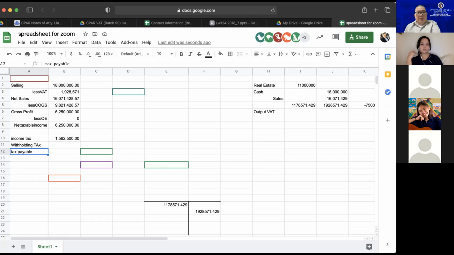So where do you get the 5% withholding tax? What is the net sales price? Ms. Chua? The 16 million po. Yes, then you compute 5% of that.